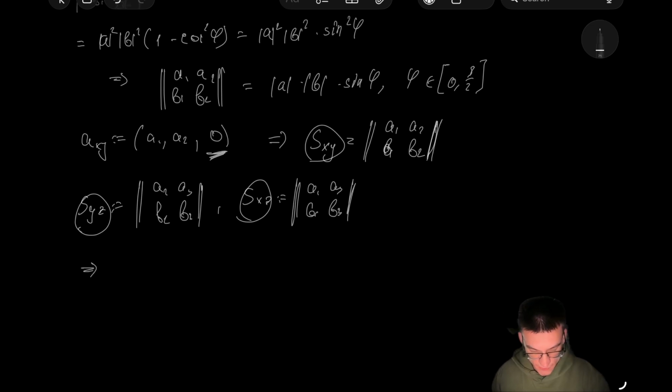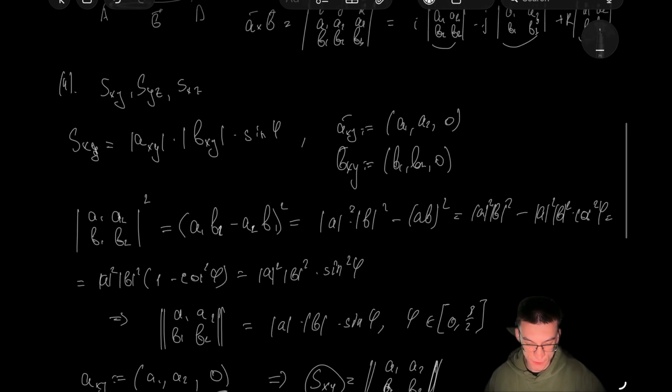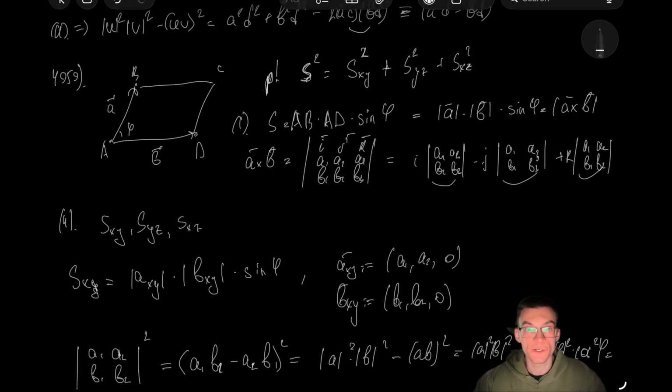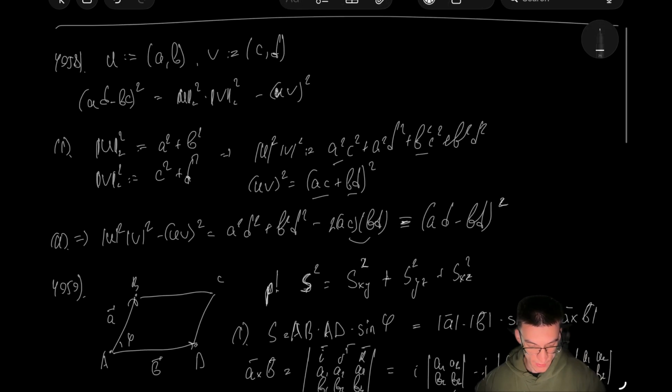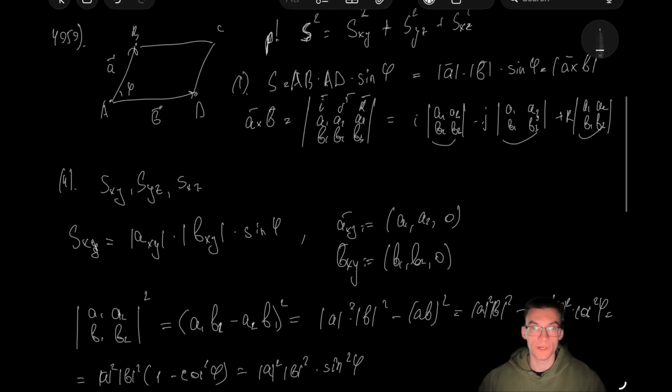So from that it follows that S squared equals S_xy squared plus S_yz squared plus S_xz squared. So this is a practical application of Lagrange's identity in two-dimensional space and how we can potentially apply that in practice.